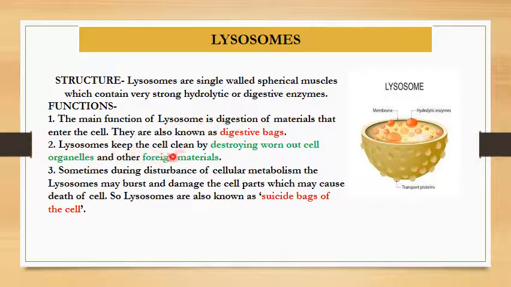Lysosomes keep the cell clean by destroying worn out cell organelles and other foreign materials. Sometimes, during disturbance of cellular metabolism, the lysosomes may burst and damage the cell parts, which may cause death of cell. So, lysosomes are also known as suicide bags of the cell.